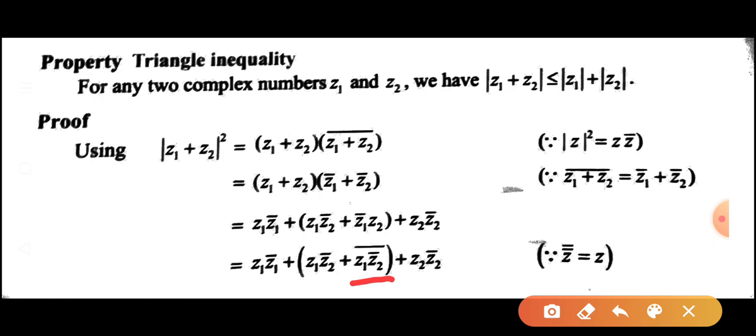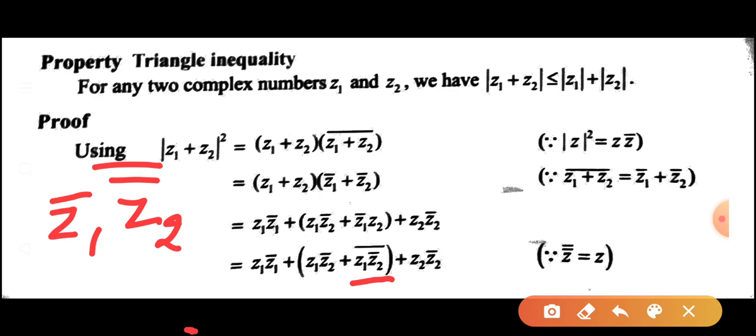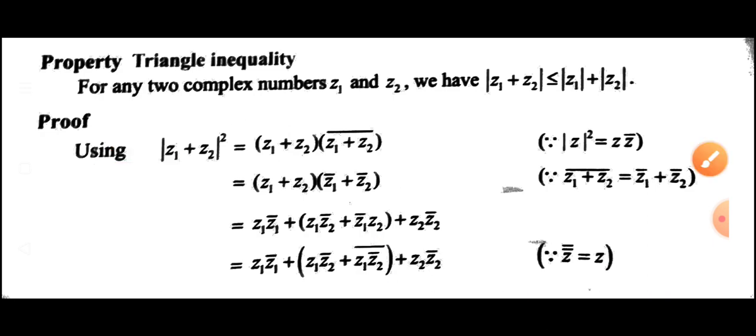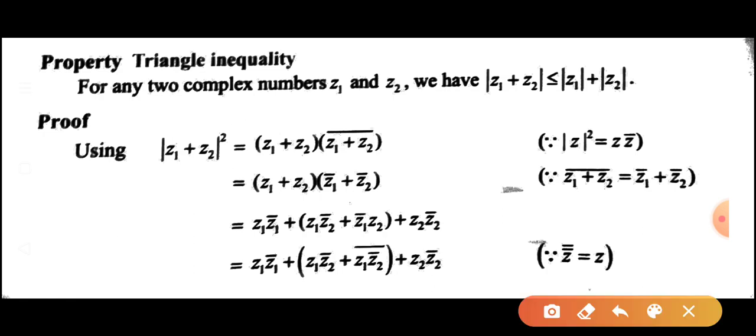We split the bar: z1 bar and z2 bar whole bar, and z2 bar whole bar is z2. So z1 bar z2 is there. Do you understand?